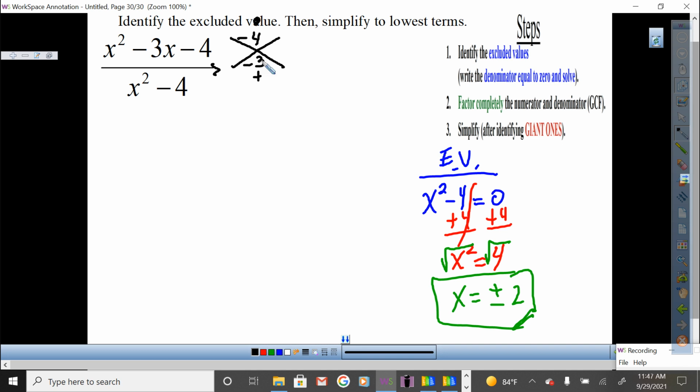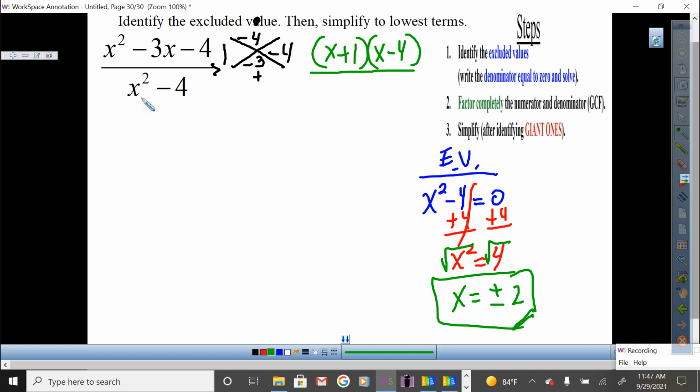All right. Sandra, what factors of negative 4 add up to negative 3? 1 and negative 4. Let's see, 1 times negative 4 is negative 4. 1 plus negative 4 is negative 3. So if I wanted to write the factors from there, what would be my factors, guys? X plus 1 and x minus 4, yes.